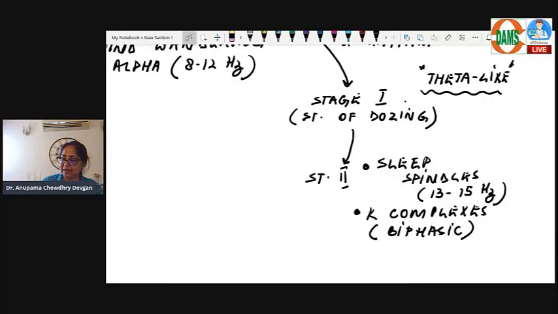What is a K complex? A K complex is a biphasic wave. Biphasic means it has a positive component and a negative component. That is why you call it a biphasic wave. Stage 2 is sleep spindles and K complexes.